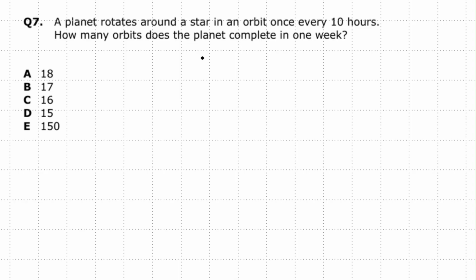So we need to find out how many hours there are in a week. We know that there are 24 hours in 1 day. And there are 7 days in a week.